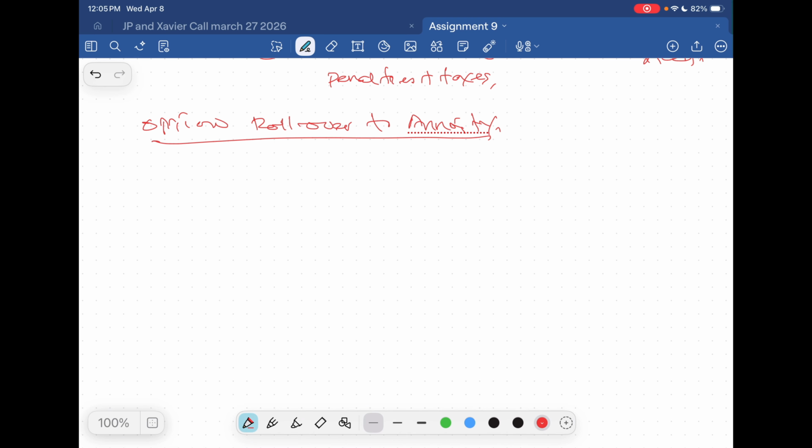Now there's no tax. So if you roll it over to this annuity, there are no taxes, no penalty rolling over here. Now the annuity could be any kind of annuity. It could be a fixed annuity.